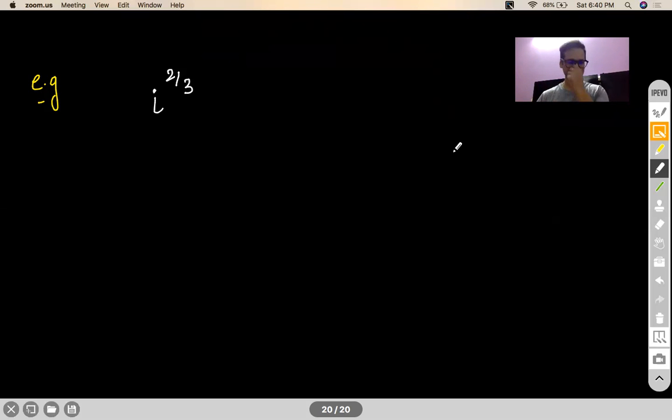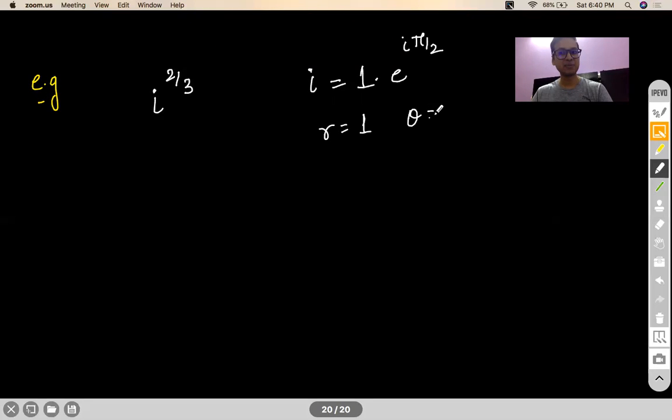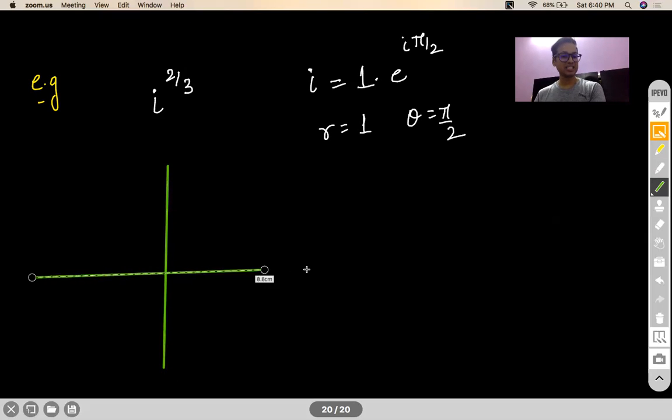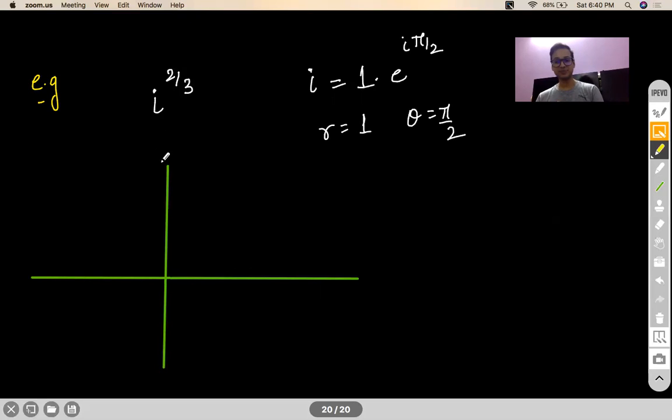See how. So my r here, remember, i is nothing but 1 e to the power i pi by 2. So that r which I'm talking about is actually 1 and the theta that I'm talking about is pi by 2. Now all of you see, this operation will give me how many answers? 3 answers, right?